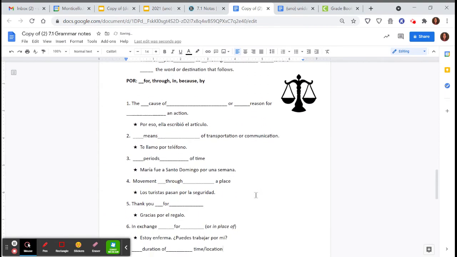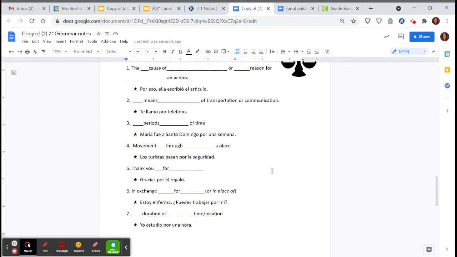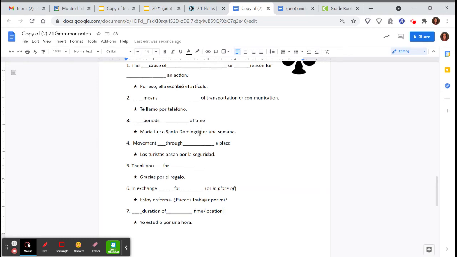Okay, so this is all for por. Just remember the main points. We're looking at time, means of communication or transportation, going through a place, or if you're in exchange of something, like working for somebody or thanking somebody for a gift, or if something's a direct cause of or reason.